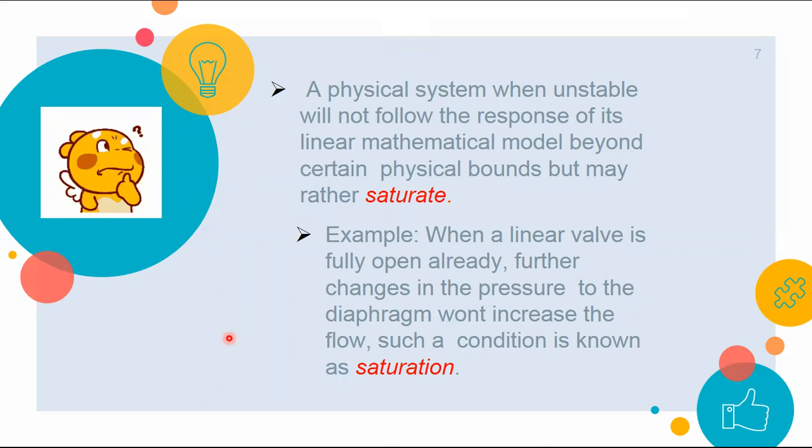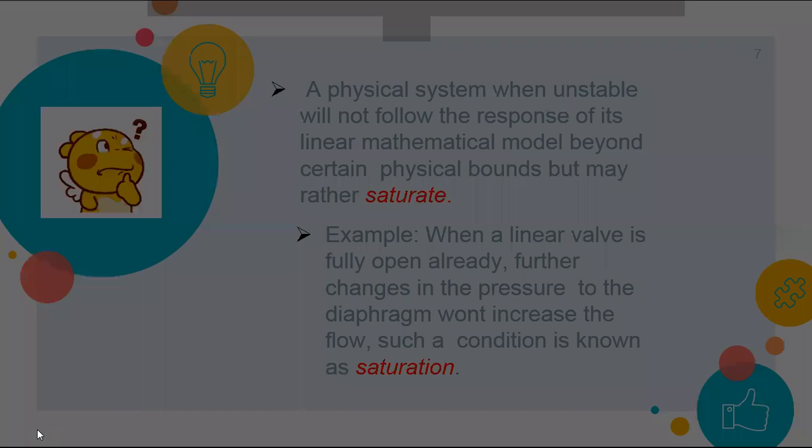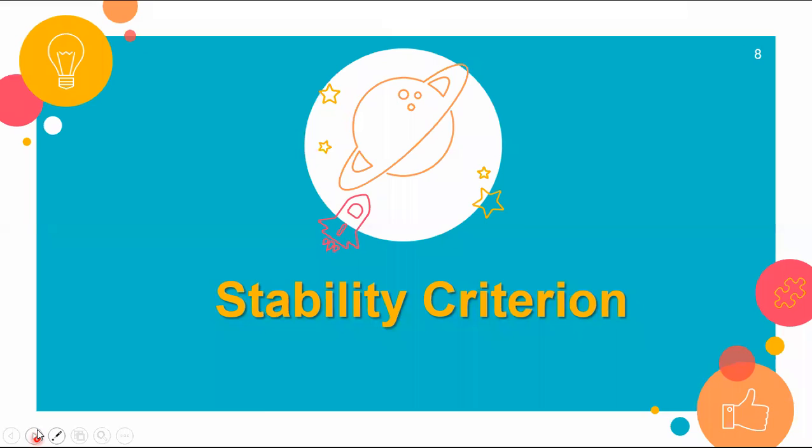No matter how you increase the pressure, there won't be any changes in the flow because the system flowing through the valve is said to be saturated. Now, having defined the stable and the unstable system, and when the unstable system reaches a condition of saturation, we will go now to how we're going to do the test.